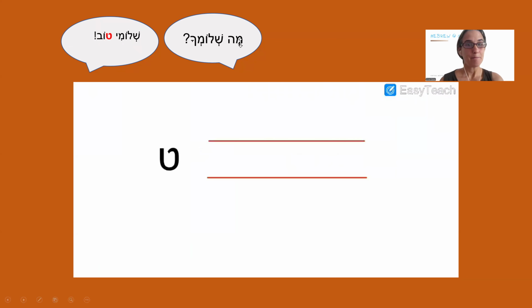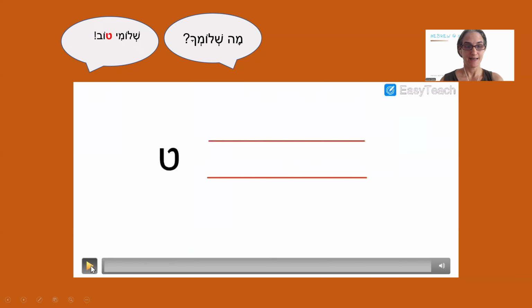Okay? מה שלומך? שלומי טוב. טוב. The tet. This is the print. Script is a little different.